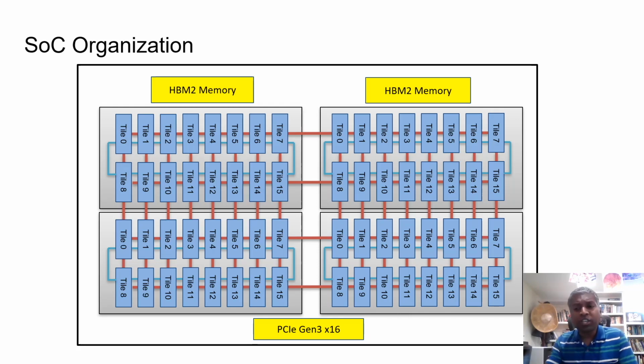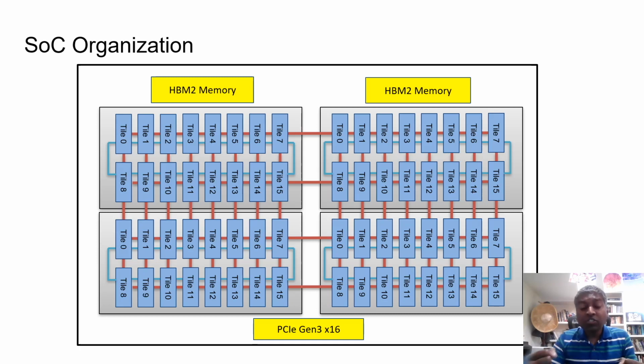So the full SoC comprises 64 such tiles. They are broken up into a hierarchy of groups of 16, and a group of 16 has a ring network that allows high-speed communication. And the architecture is implemented with an interface to HBM memory that gives us high bandwidth and very large capacity to run large models and multiple models simultaneously.